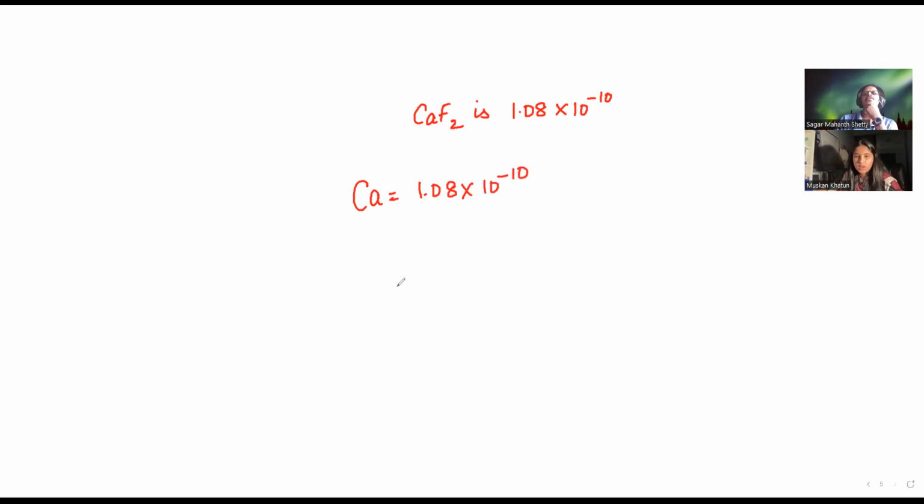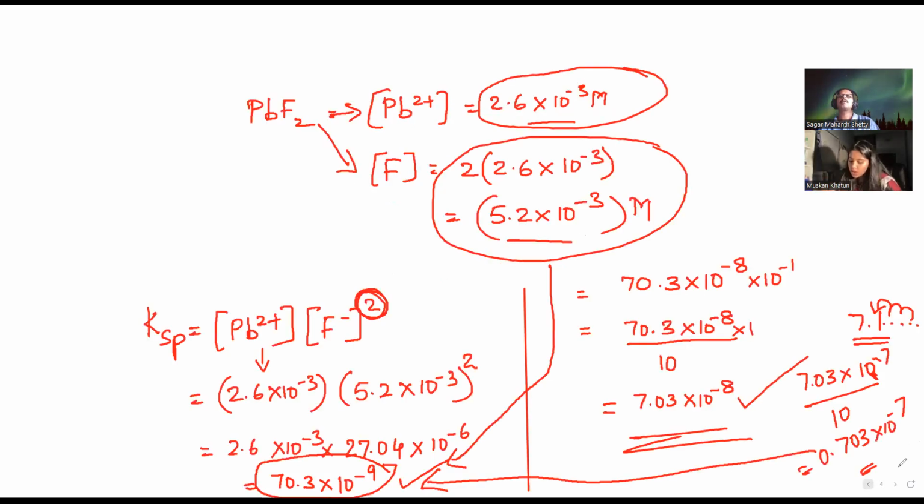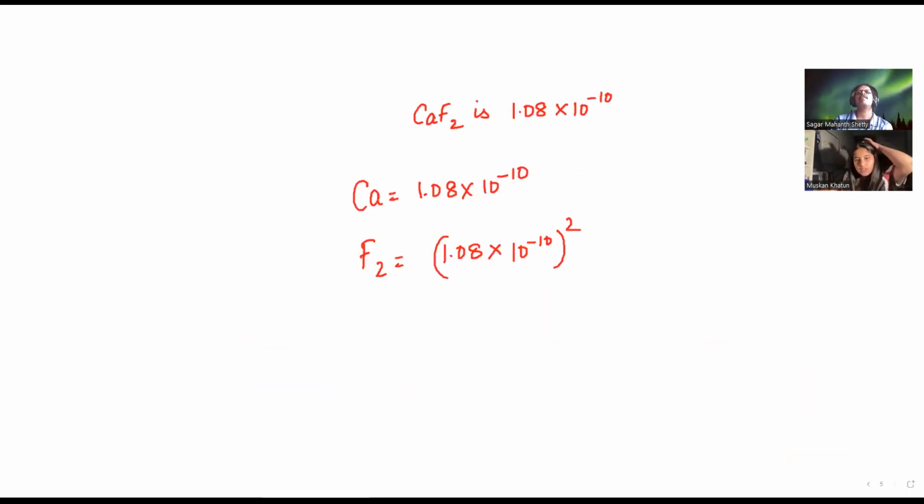This is already given, so it will not change. Fluorine would be 1.08 times 10 to the power of minus 10 raised to the power of 2. In the previous question we raised to the power of 2, sorry, because it is 2F, right?